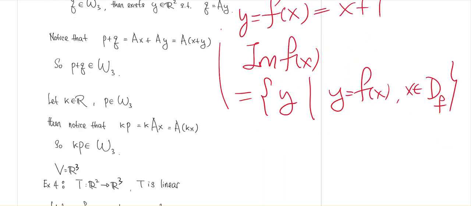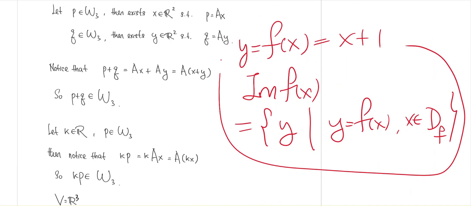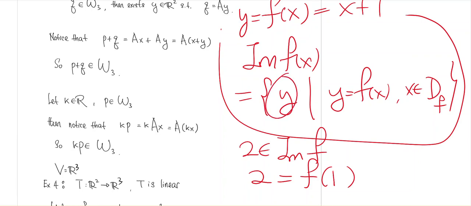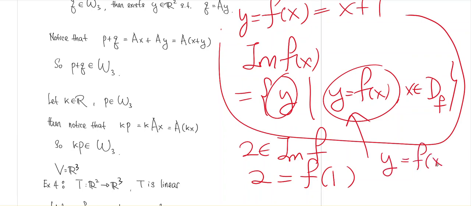For example, 2 is in the image of f, because 2 is f(1). Every time you pick an element y in the image, you know it is some f of x. If you pick another element s, then you know s is some f of something, let's call it f(y).